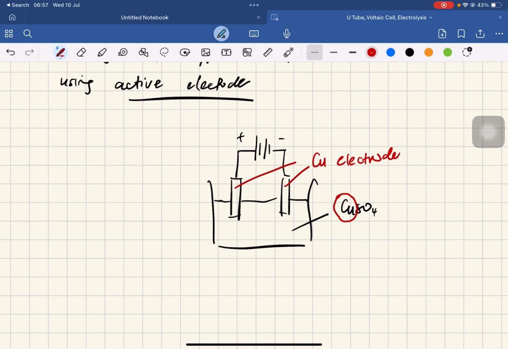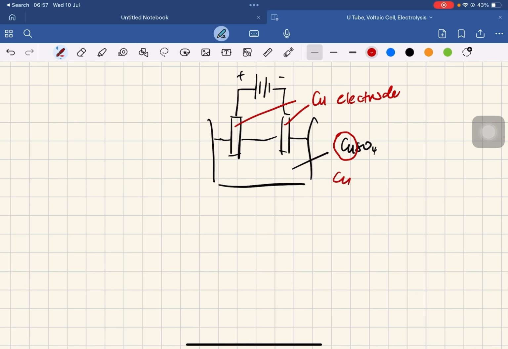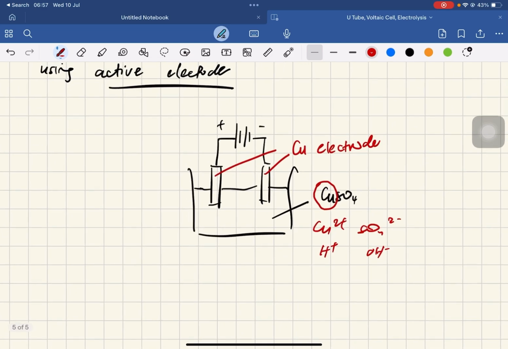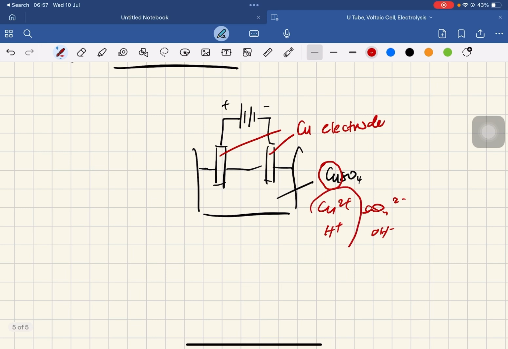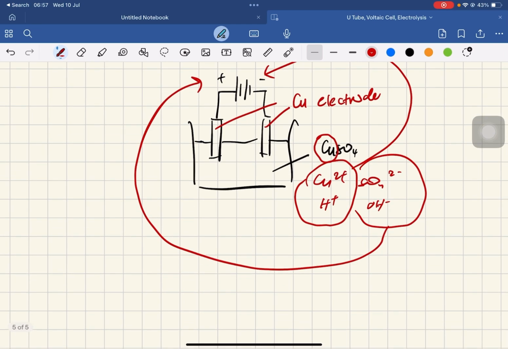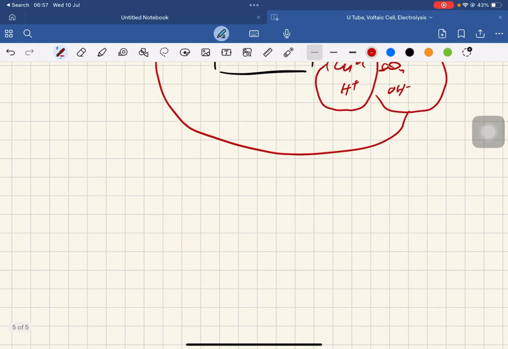Dia kena macam tu. Alright, now the next step is sama saja macam tadi, which is we have to list down the ions yang ada dalam the electrolytes, H plus and OH minus. Okay, and then determine the movement. We have our cation attracted to the negative terminal, while anion attracted to positive terminal. Okay, alright, so kita boleh terus sembang pasal ions to be discharged.